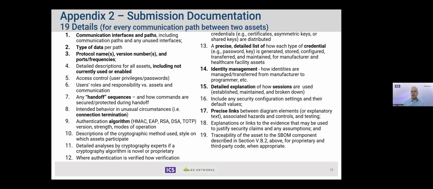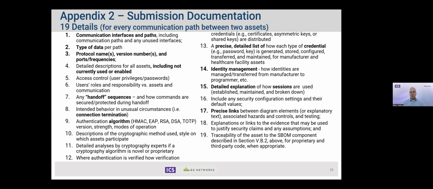So you might have communication that goes through different elements and changes the medium of communication, but how are those messages handed off? Are there credentials around them? That sort of thing. And then also connection termination. So in unusual circumstances where a connection is terminated, is the system still secure, or is that a change in behavior that can be exploited?